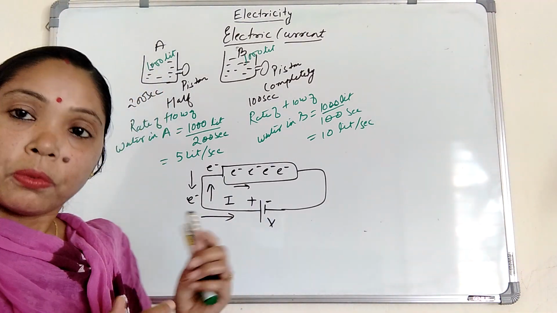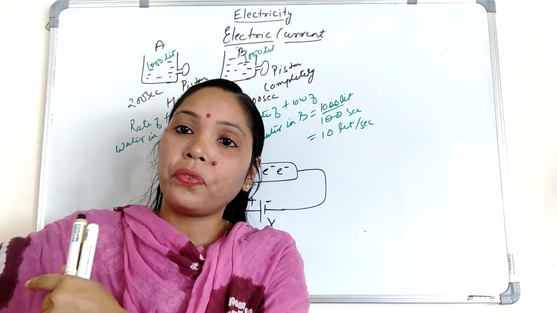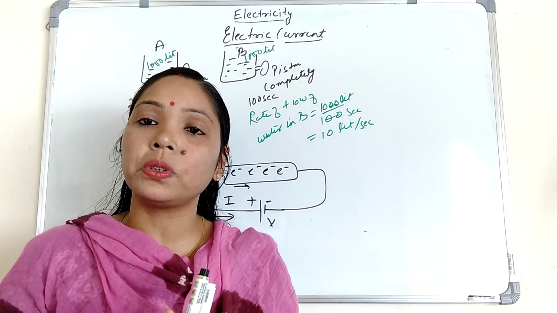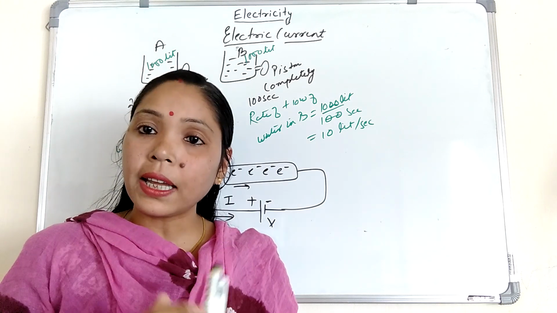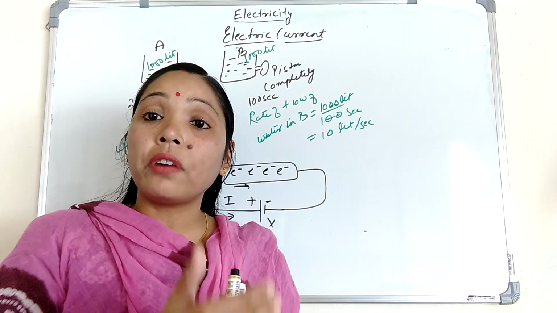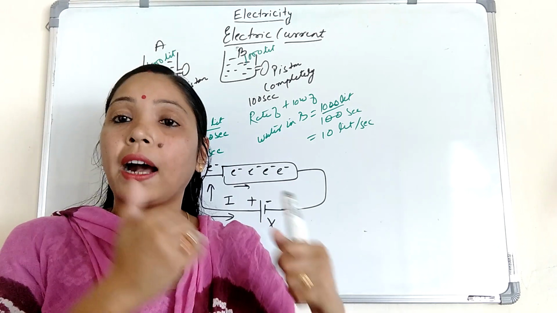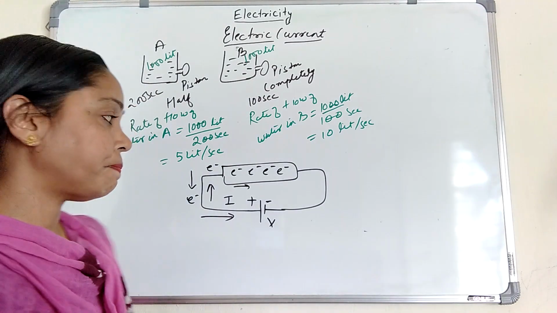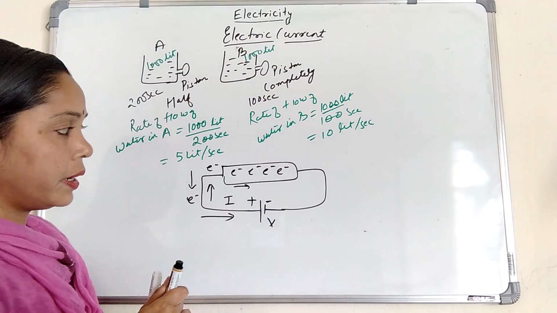Why? Because water always flows from higher to lower. Heat always goes from high temperature to low temperature. In the same way, the flow of charges from the cell will be from higher potential to lower potential. So it goes from higher to lower.